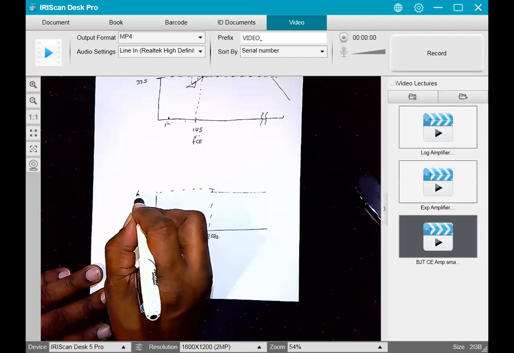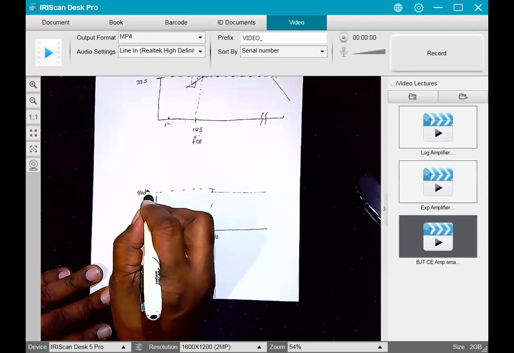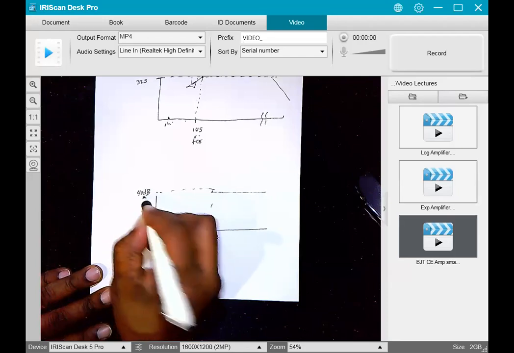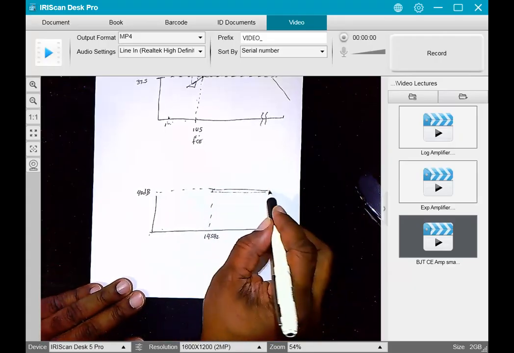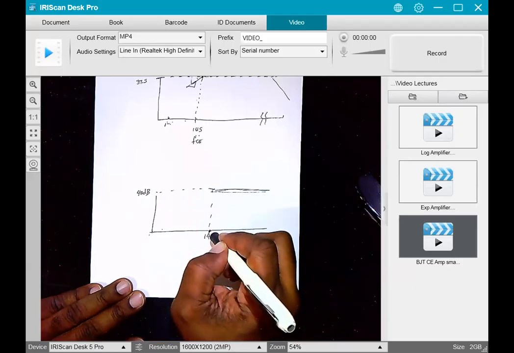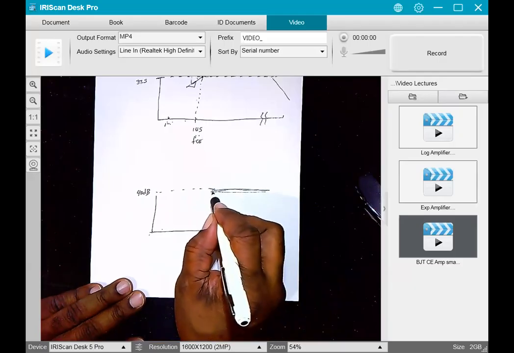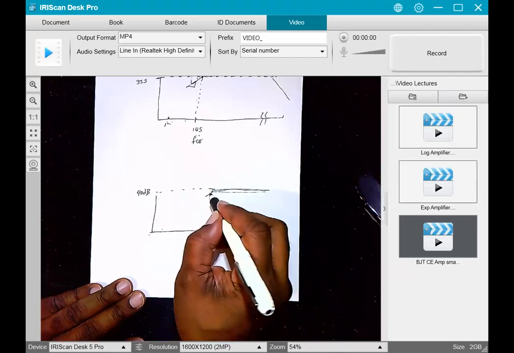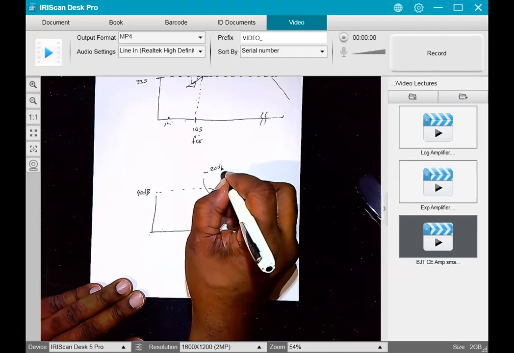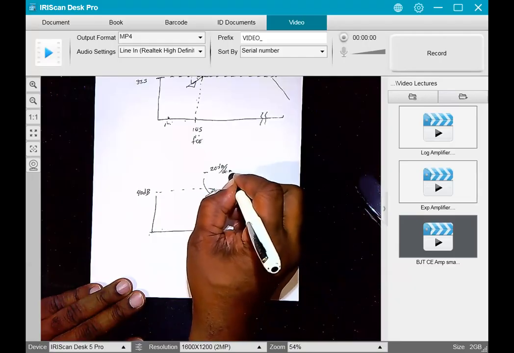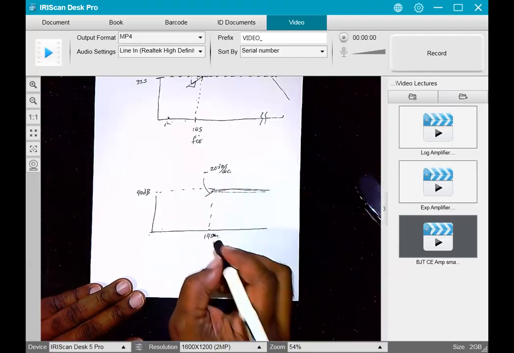And we're over here. And I'm going to cheat and just make this 40 dB. Let's say our mid-band gain is 40 dB. And so here is my first pole that starts to roll off. It rolls off at a rate of minus 20 dB per decade of frequency, where decade is a factor of 10.